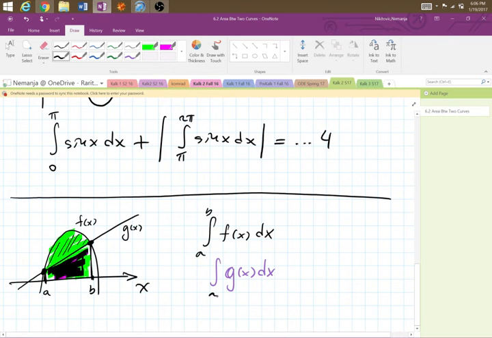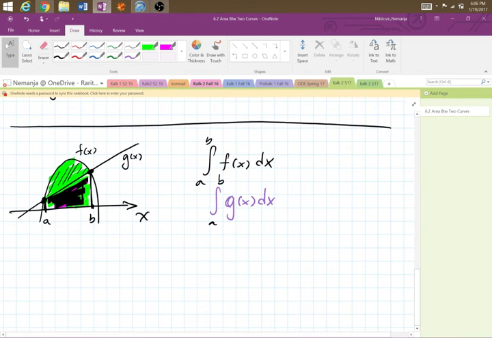So all of these limits are from a to b. The f of x integral computes all the way to the x-axis, so it gets you everything. G of x computes only what you don't want. When you subtract the two, you get exactly what you want.